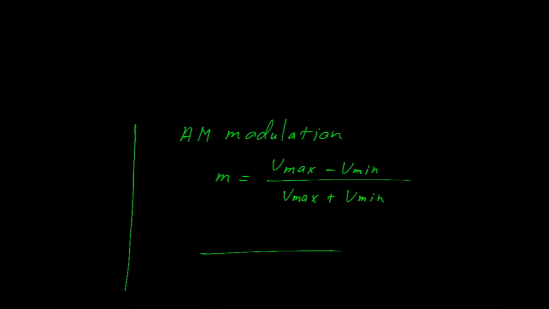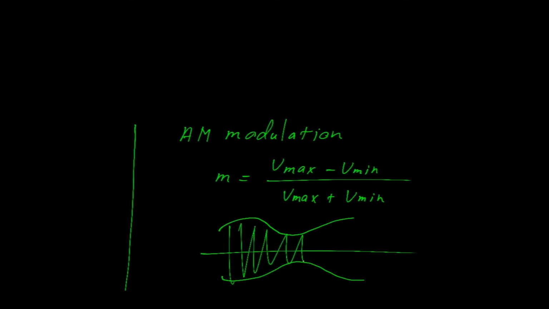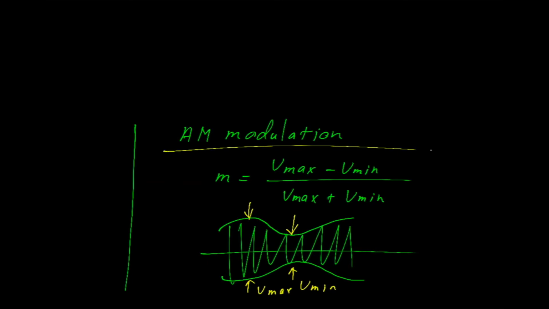And in that particular case, we talked about the envelope of an AM transmitter output, where the carrier rode inside here, contained within the envelope. This was the voltage min, and this was the voltage max. So keep in mind, that's the modulation index for AM.